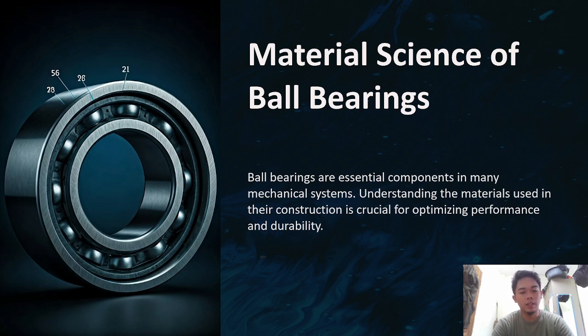And plastics are lightweight and quiet but not as strong. So choosing the right material is important for ensuring that ball bearings can handle load, spin quickly, resist heat, and withstand environmental damage, which helps machines work better and last longer.